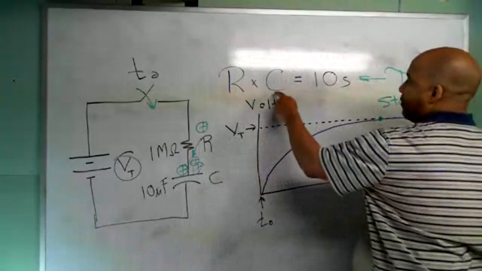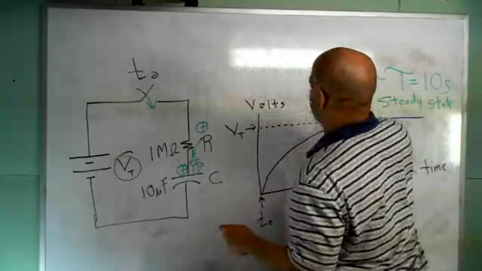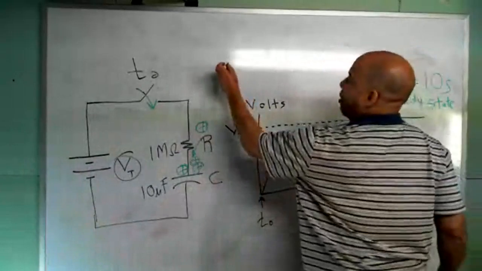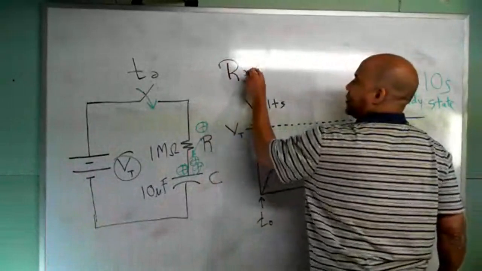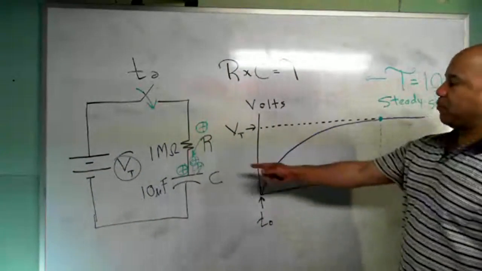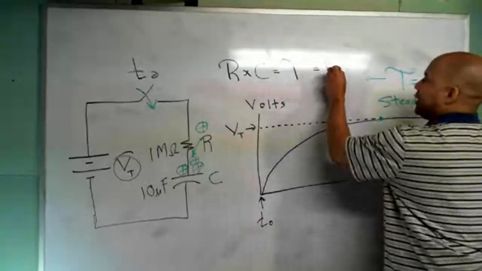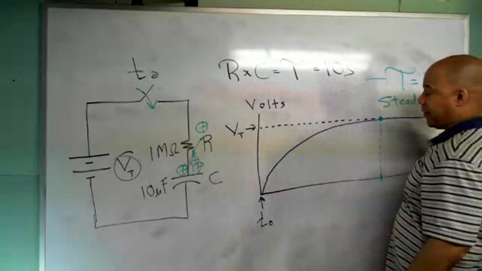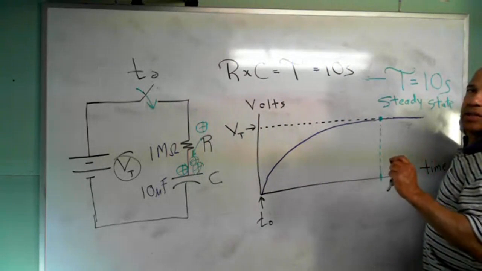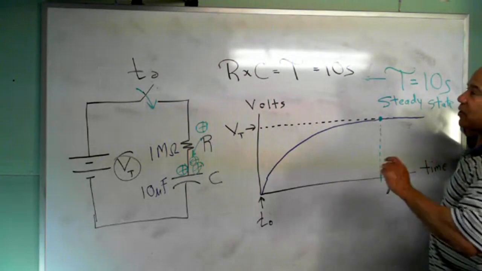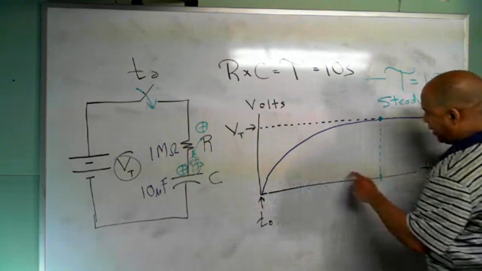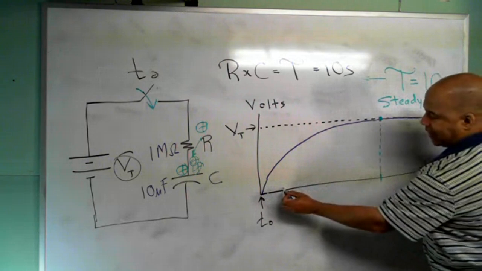The product of R and C, R times C, is tau. For the problem right here, we said it was 10 seconds. That's what we calculated. So the rule is it's going to take 5 time constants for any capacitor to charge up.